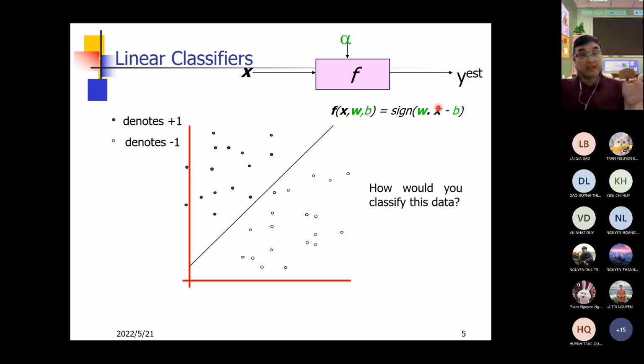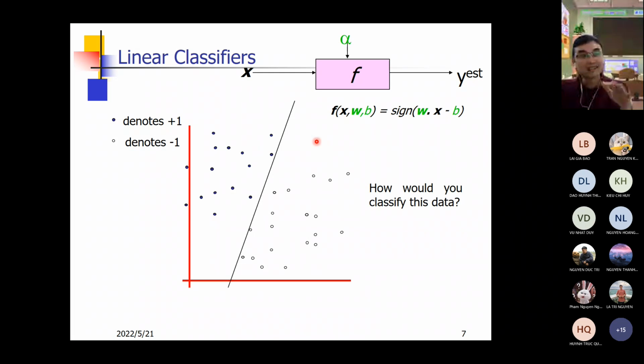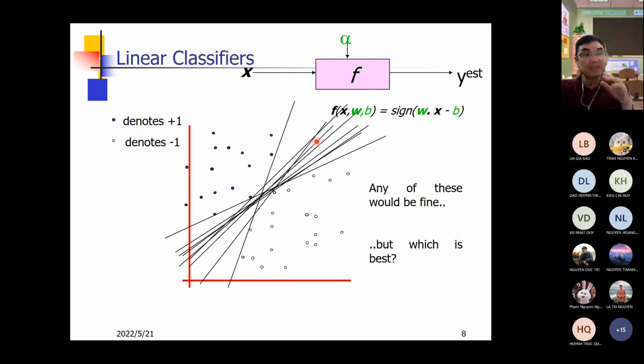We can use this linear classifier to make a hyperplane like this one for this kind of data set, right? Okay, great. We might update our weight vector somehow, so that our decision will be good enough to classify the data sets.